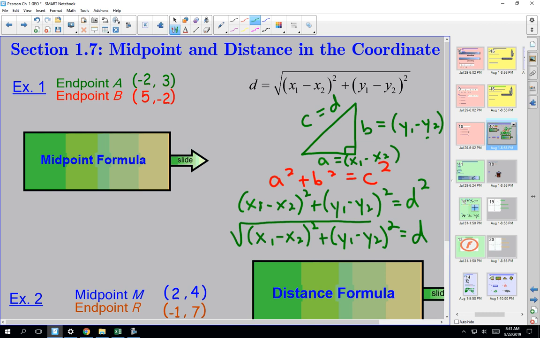I'll give you a minute maybe to draw a picture and think about that. I could ask you to do this on an exam or on this chapter test. I may ask you to tell me where the distance formula came from, or to tell me the similarities between the distance formula and the Pythagorean theorem. So I'll leave that up there for a minute.